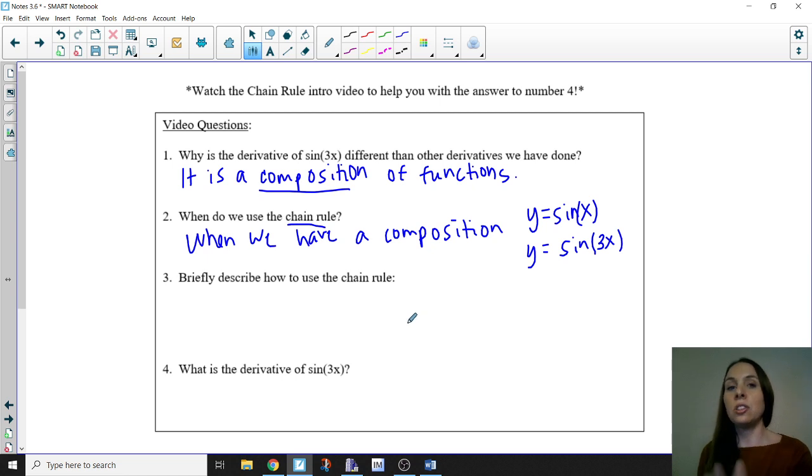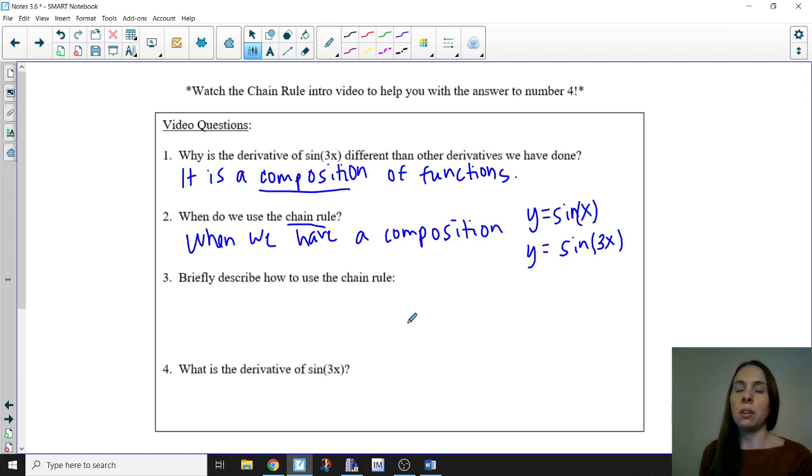Okay, so number 3, briefly describe how to use the chain rule. I'm going to describe it verbally, and you can write down whatever you want here, just because my handwriting is horrible on these, and I need to give myself a break. So here's how we use the chain rule. You differentiate the outer function first while bringing the inner function along, and then you multiply by the derivative of the inner function.